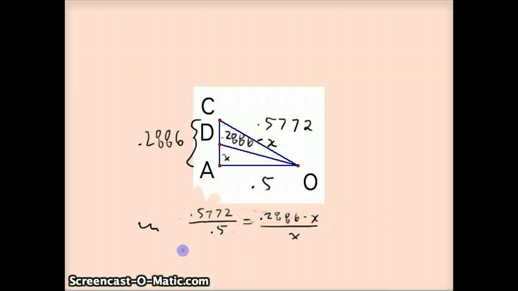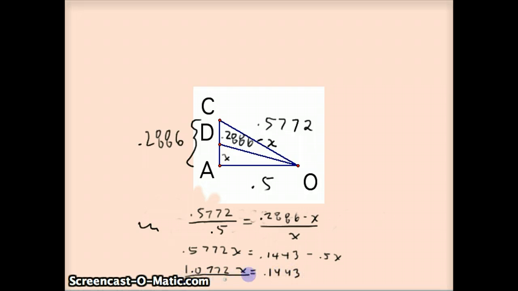When you cross multiply, you get 0.5772x equals, when you cross multiply here, you get 0.2886 times a half is 0.1443 minus 0.5x. When you add 0.5x to both sides, you get 1.0772x equals 0.1443.